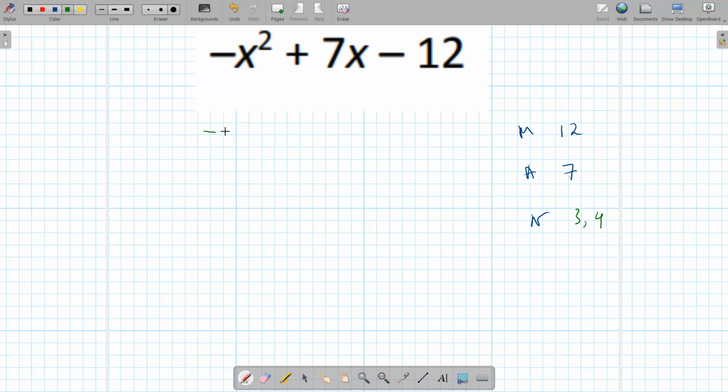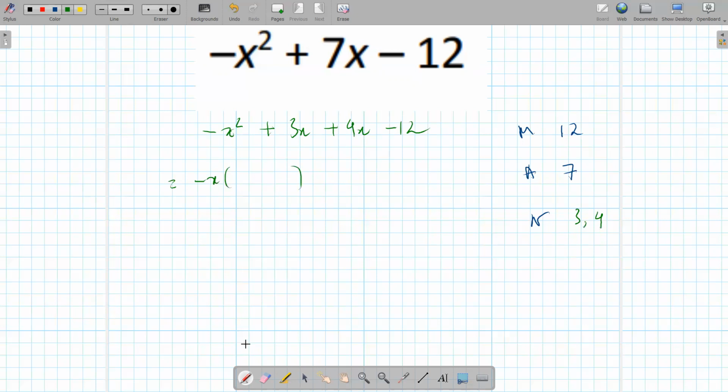And then we're going to do the same thing we've been doing all day. We're going to break down the 7x into 3x plus 4x minus 12. From the first 2, what can we pull out? Again, the sign is significant. They both have an x in common, but this one has a minus x squared, so you're going to pull out a minus x.